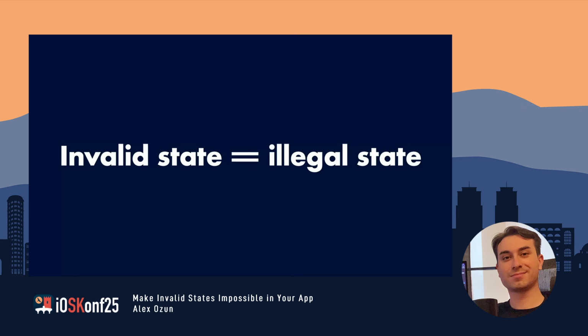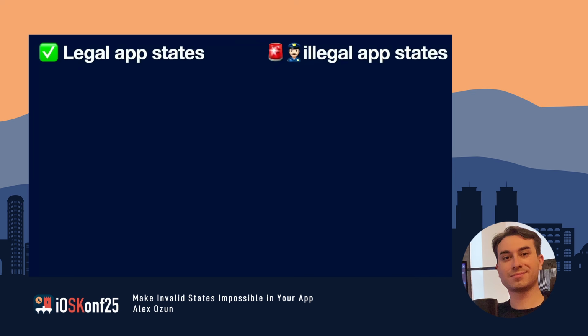First I want to clarify the vocabulary real quick. I use the word invalid state, but this can be confused with validation and things like that. What I really mean is a state that is not legal. Let me give you a couple of examples to get everybody on the same page. Here are examples where we have a perfectly legal state.